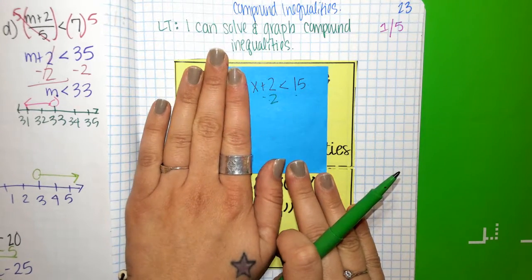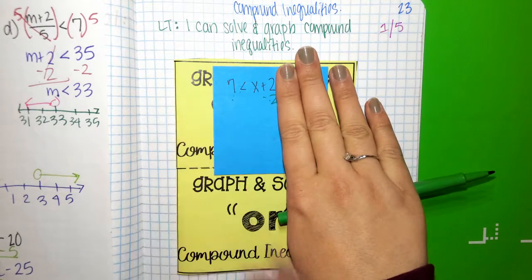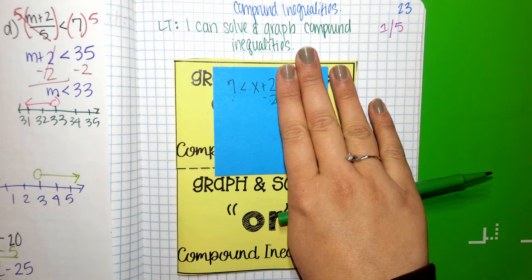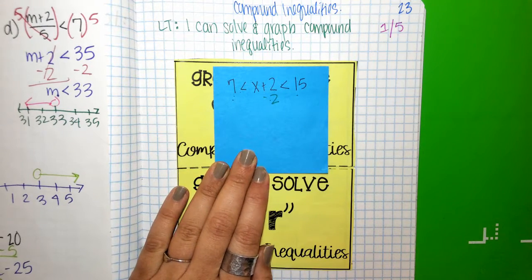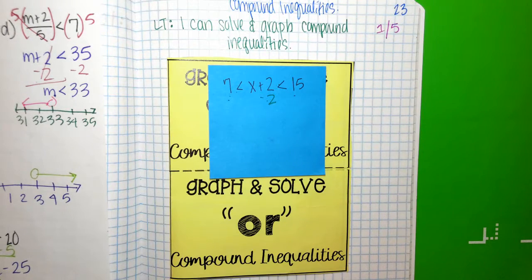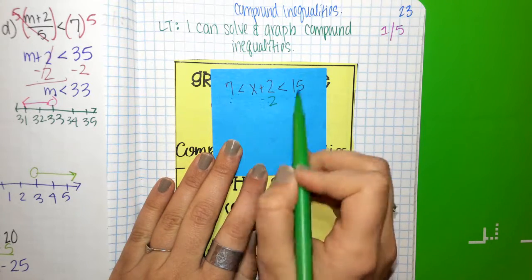From the 15. If we covered it up here, where would we subtract the 2 from? 7. If we uncover it, where would we subtract it from? Everywhere. So on compound inequalities, you subtract it from everywhere. You would add it to everywhere. So whatever you do to the middle, you're going to do to both sides.